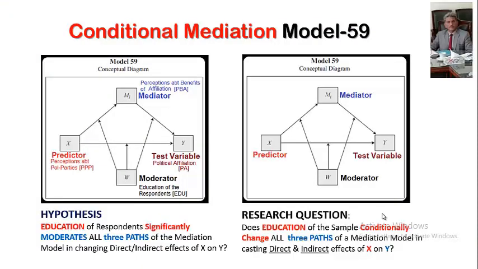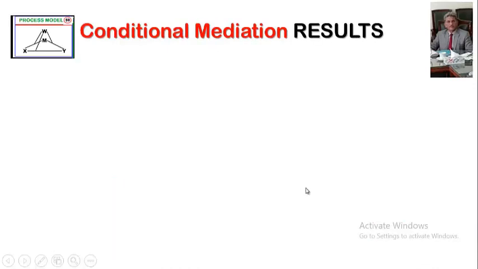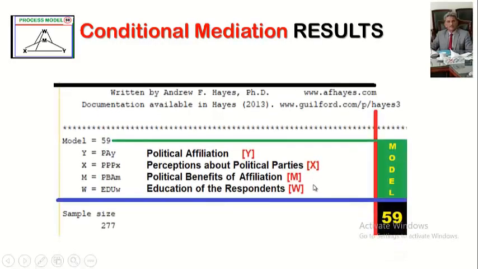So we left computing statistics from SPSS, and we left the slideshow at that point where we developed the research question and the hypothesis. So let's move to the results. The first set of results from the process macro is always a descriptive table which shows which model has been used to process the results.